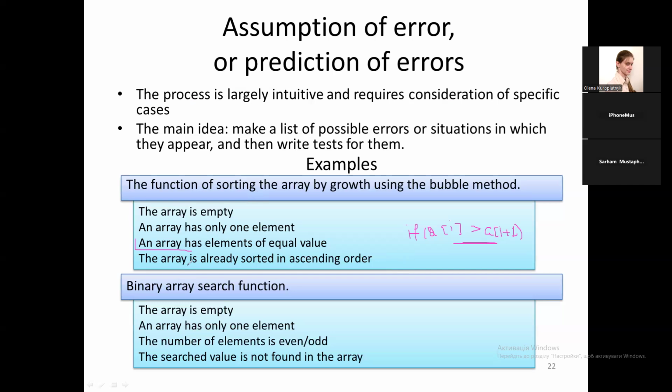And the last, the array is already sorted in ascending order. In this case, the condition of the if statement is false every time. And I think it is maybe a problem for our function.